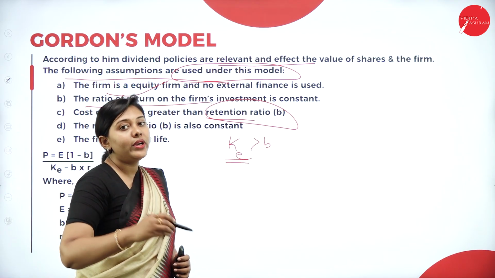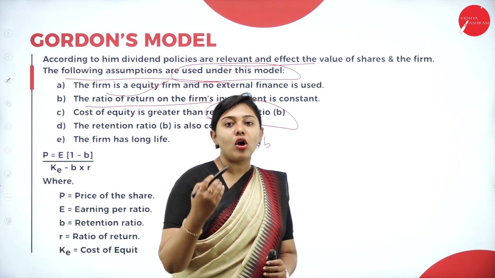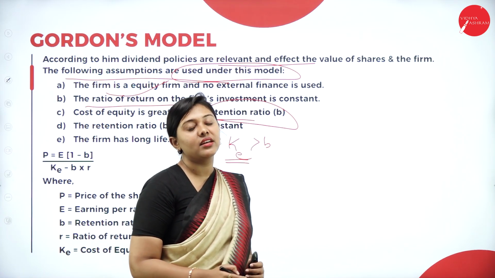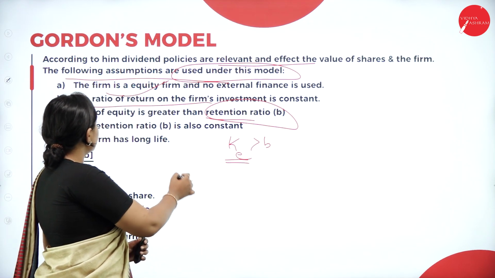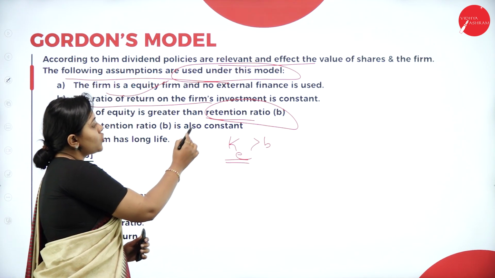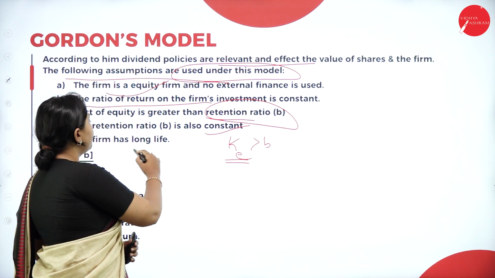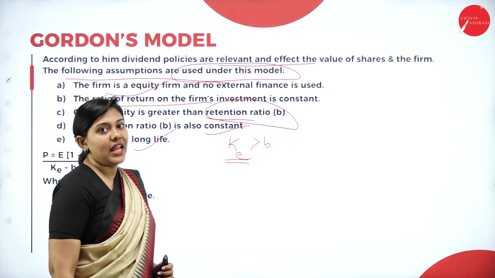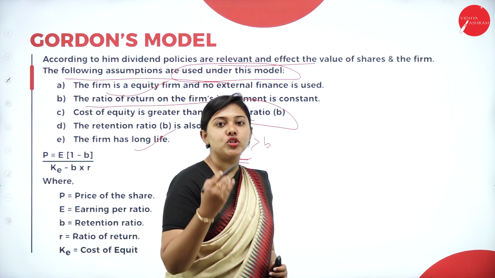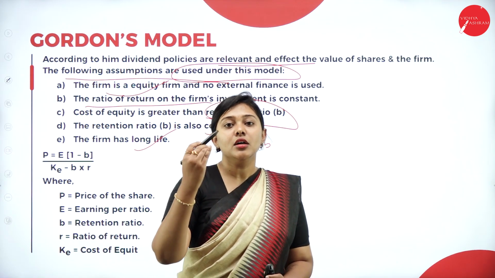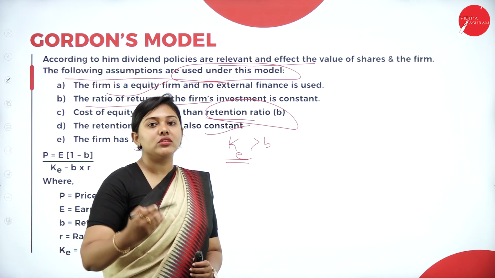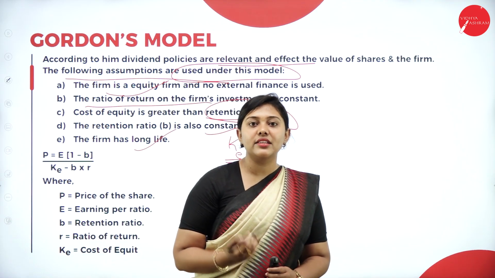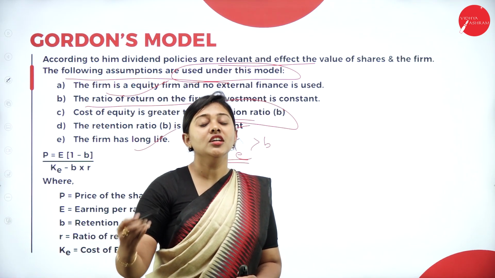So your equity capitalization rate or the cost of capital is always greater than the retention rate. The next assumption is that the retention ratio is always constant. The firm has a long life. Based on these assumptions, Gordon has given a formula, and based on that formula we will calculate the market price of the share.